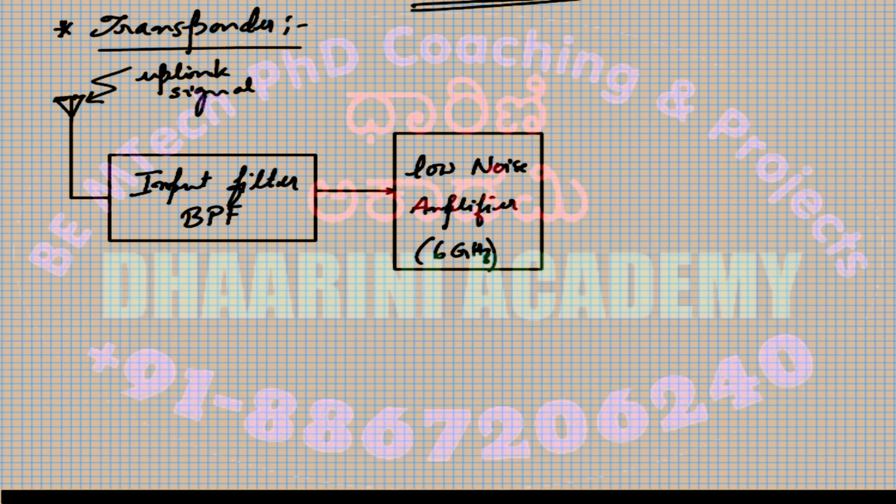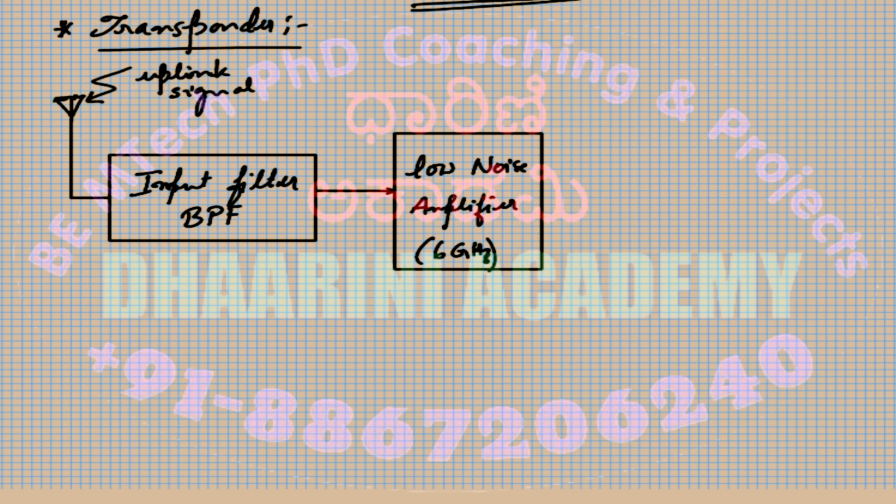If I multiply this signal by a 2.2 gigahertz signal, I get two frequencies. One is 6 minus 2.2, and one more will be 6 plus 2.2. That I can actually use to bring the signal down to the required range.